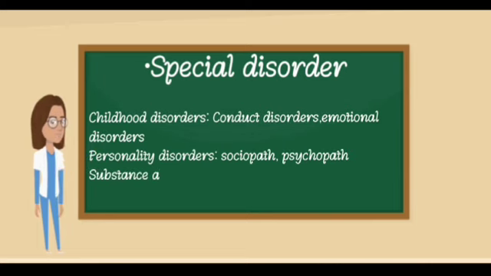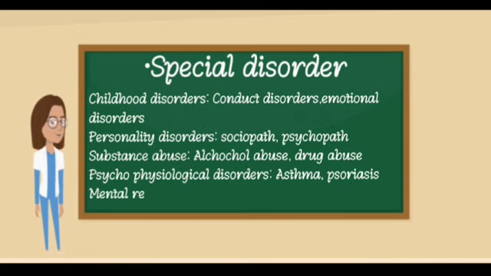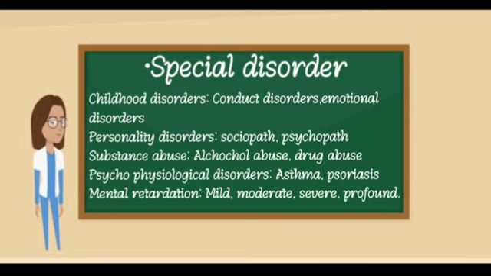The other one is personality disorders, which constitute sociopath and psychopaths. Then there is substance abuse, which constitutes alcohol abuse and drug abuse. Then there are psychophysiological disorders, which constitute asthma and psoriasis. Then there is one more, that is mental retardation, which can be mild, moderate, severe, or profound.